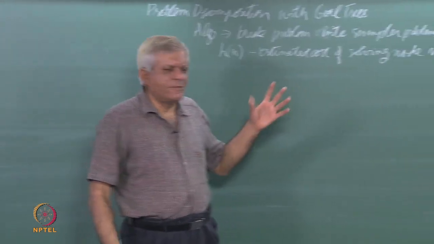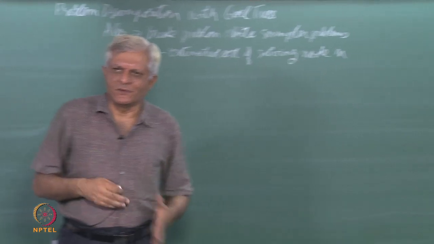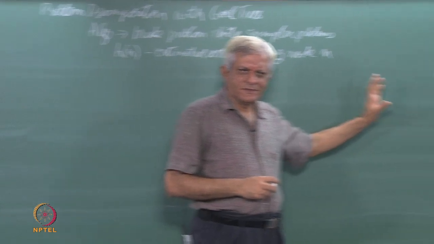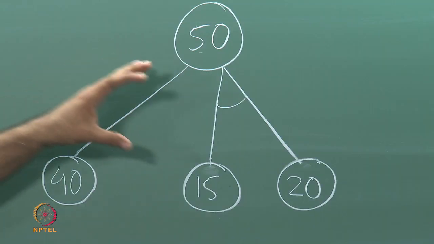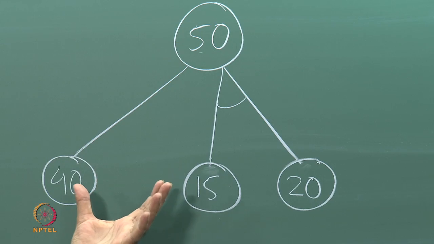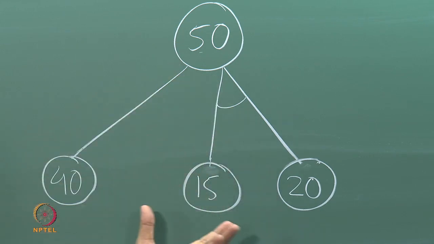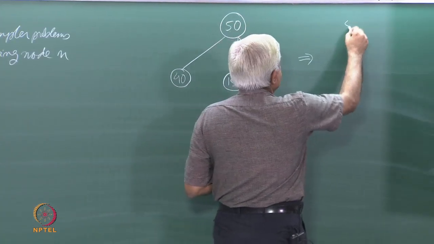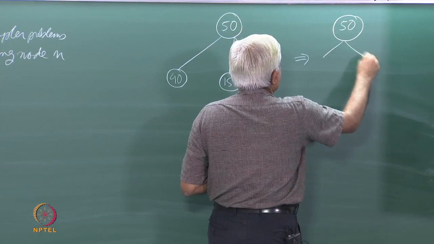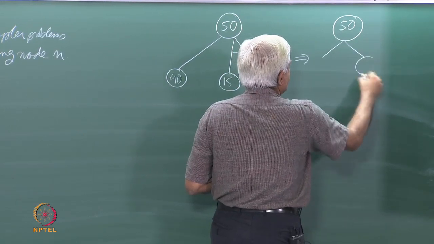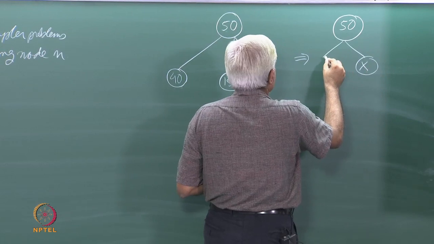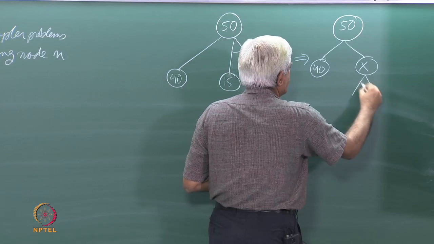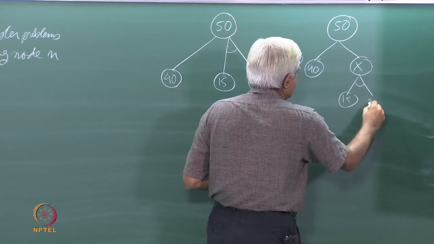Now, in this example I have mixed up the kind of edges emanating from a node, and if you think about this, it does not really cause a problem to see it like this. We can think of it as two choices at the top level, and this choice has already been broken down into two parts essentially. We could have easily transformed this into a node which says 50 and then some node x, and this is 40 and this x has got two nodes, of course, 15 and 20.